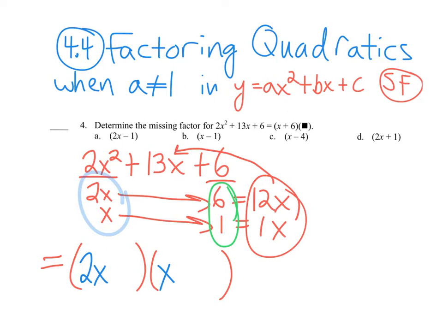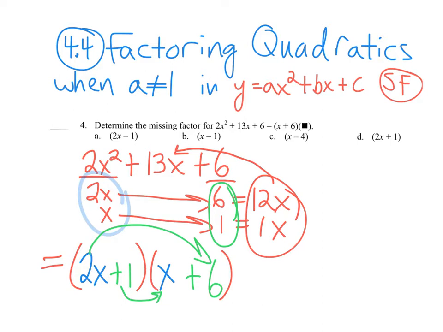And that means they have to go in separate brackets. So the plus 6 will go in this bracket, which when you expand, 2x times 6 will equal 12x. And the plus 1 goes in the first bracket, and when that gets expanded, it becomes 1x, and the 12x plus the 1x, we've already shown, equals the sum of 13x, which is why they're the correct factors to use.